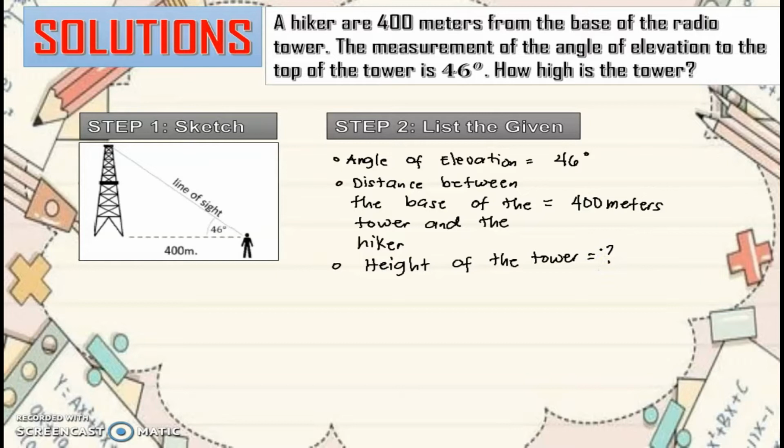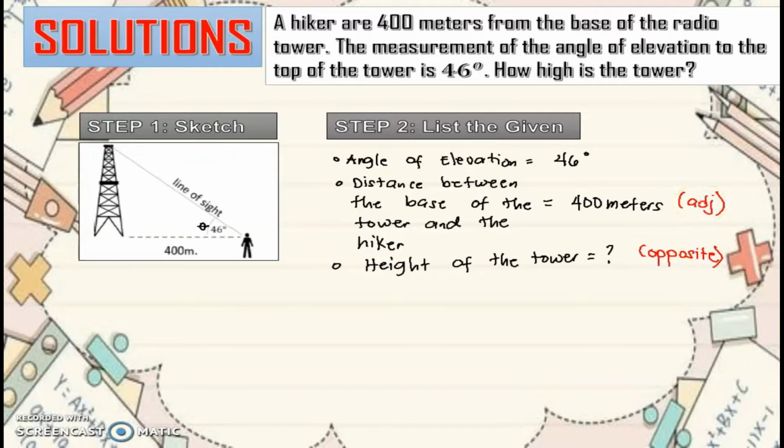Okay, this time, class, we're going to analyze the given. You have learned in the previous lessons that if this is your theta, or this is your angle here, then considering your angle, the 400 meters is your adjacent side, while the height of the tower in relation to the given angle is the opposite side.